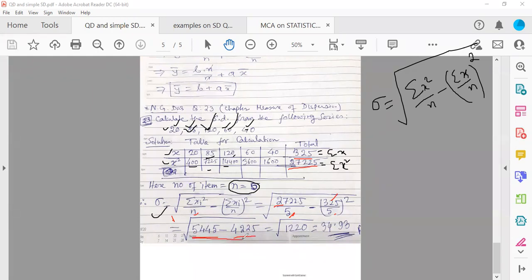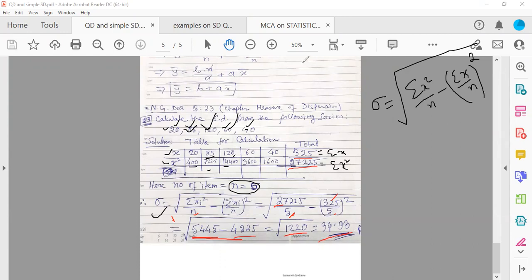Now you subtract them, and taking the square root of the result, you get 34.393. So this is the simplest technique, but a little bit calculative formula, you can say: root over summation x square by n minus summation x by n the whole square.